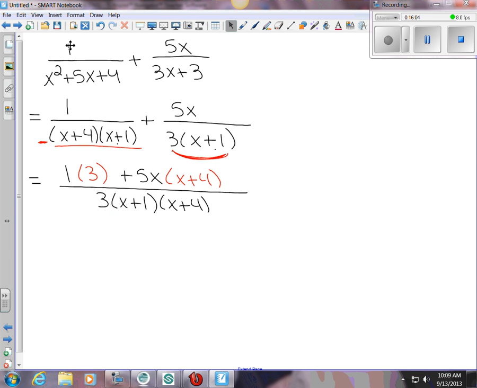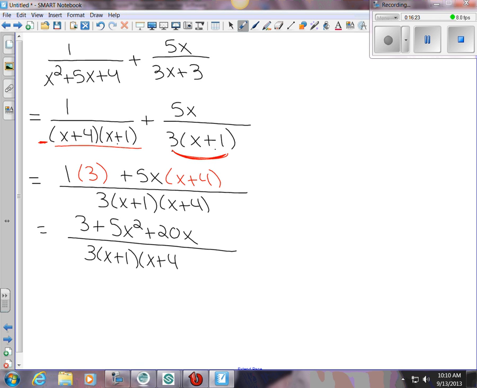So now I need to multiply, right? 1 times 3 is 3. What am I going to do with that 5x? Distribute it, good. 5x squared plus 20x. We're going to keep that denominator. You doing okay so far? Yep.